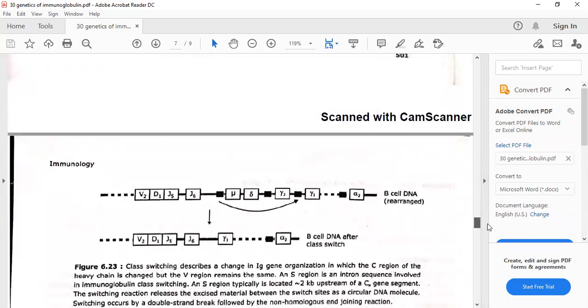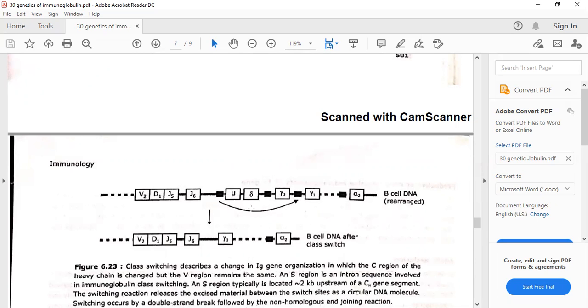So how are they selected? Here I'm going to explain it. Suppose the body needs immunoglobulin A. So what will happen first? The first chains are the mu chain, delta chain, and gamma chain. If we want the alpha chain, which is responsible for immunoglobulin A, then there will be a cleavage from this side to this side.